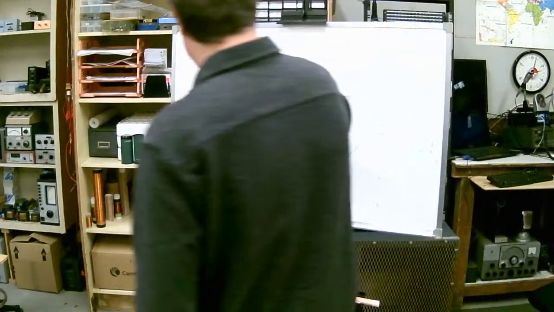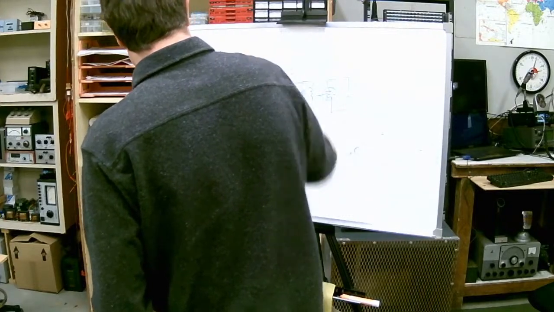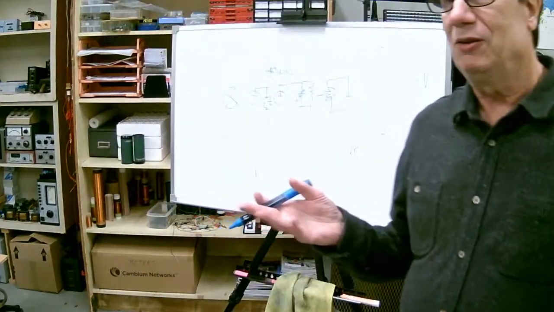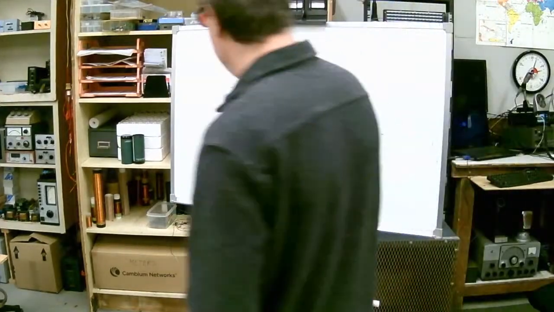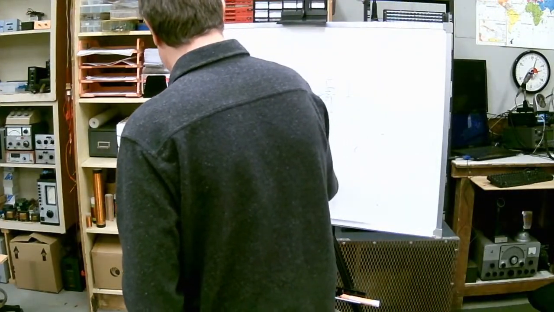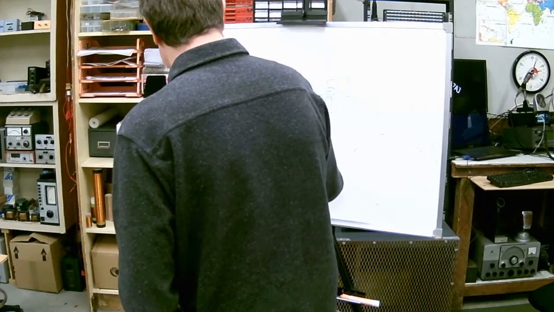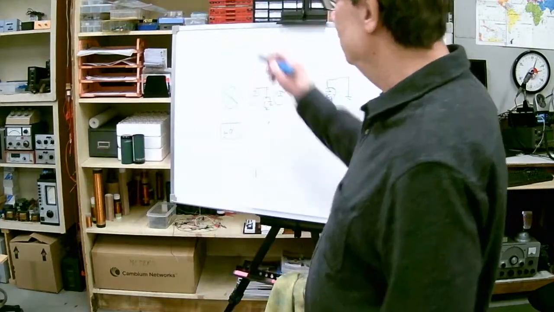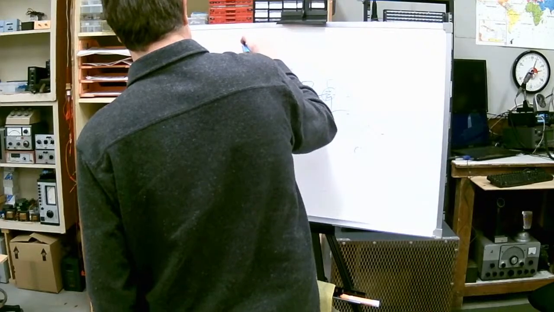So we have what's called a mixer stage, and here's a modern symbol for a mixer, but it was basically a tube, some of them had 2 grids, one for the incoming frequency and one for what we call a local oscillator. The local oscillator was exactly that: an oscillator inside your receiver. Let's say we want a station coming in at 1,000 kilohertz.